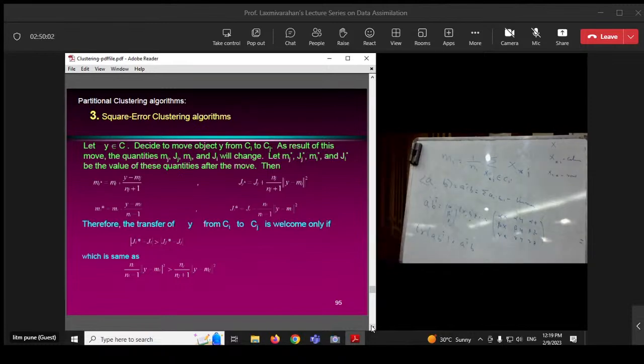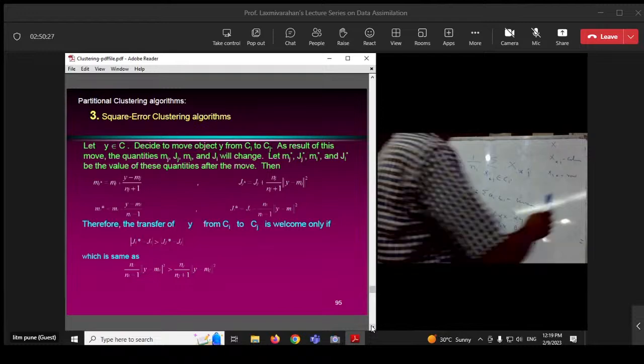The receiving cluster, its mean will change. The sending cluster, its mean will change. The receiving cluster, its scatter will change. The sending cluster, its scatter will change. And I need to be able to compute these changes. One is the gain, another is the loss.